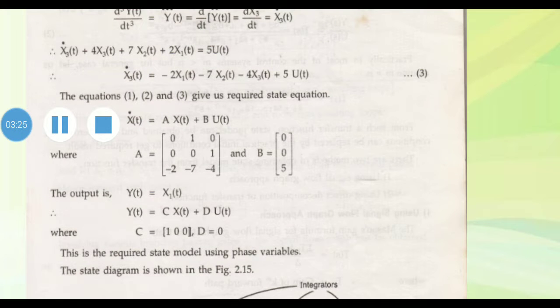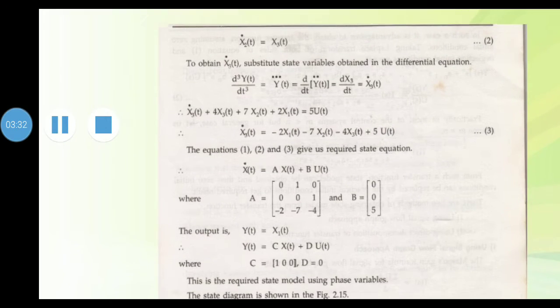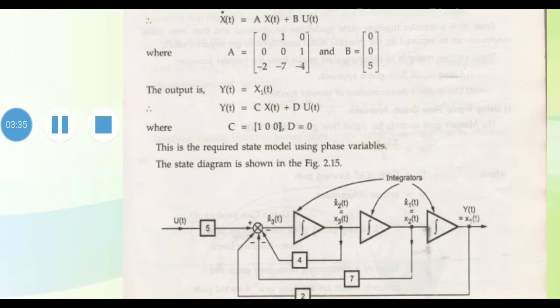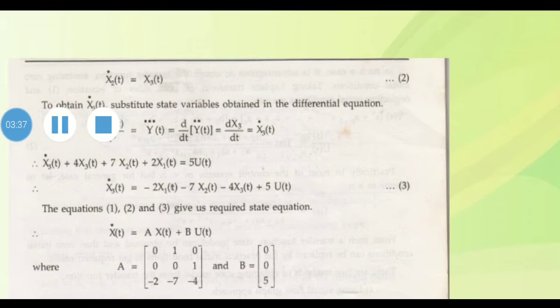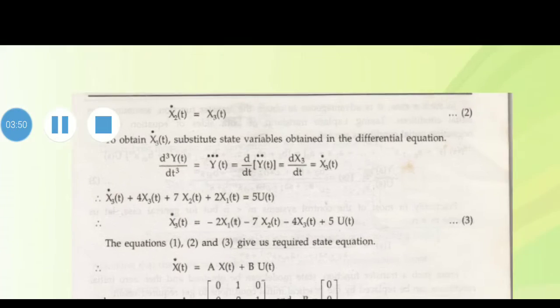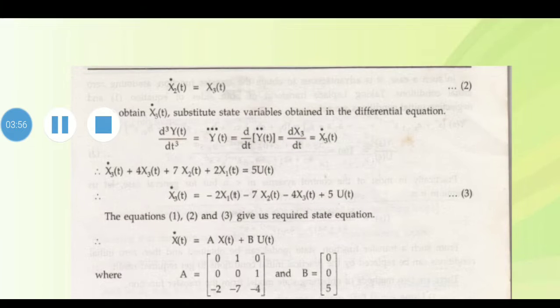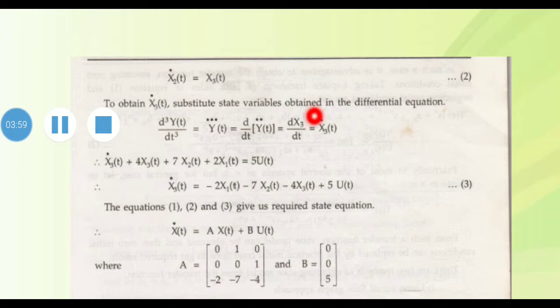So the differential equation can be written as x3 dot(t) + 4 x3(t) + 7 x2(t) + 2 x1(t) = 5 u(t).